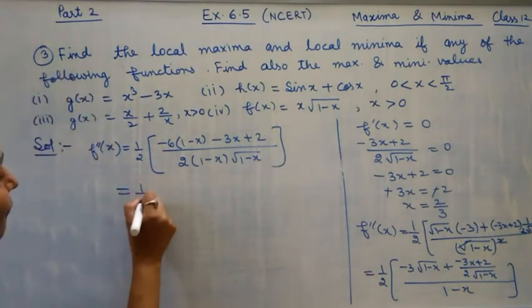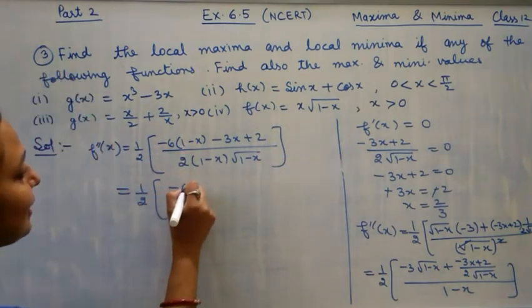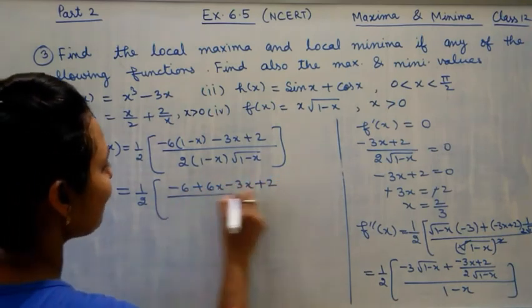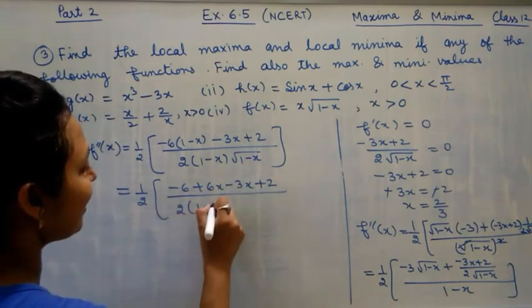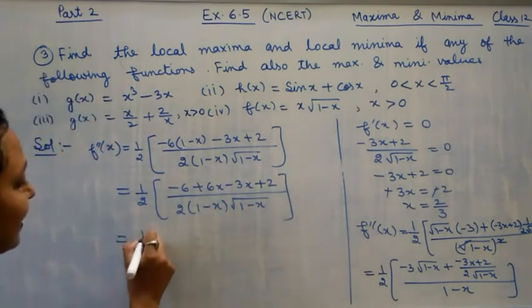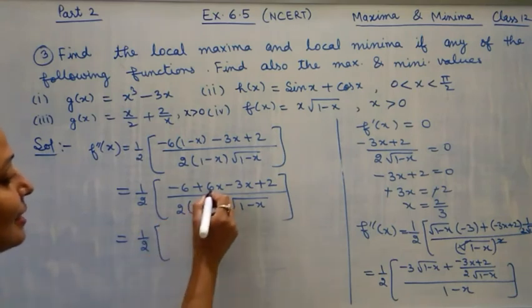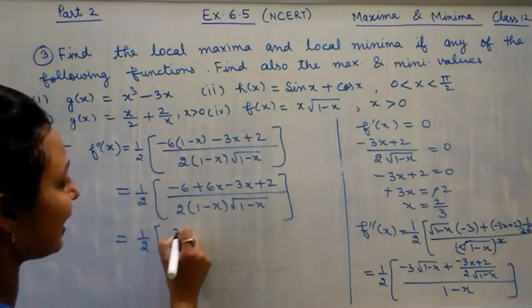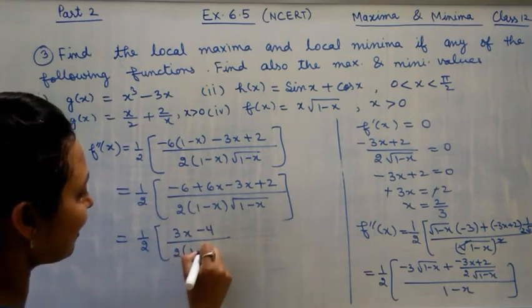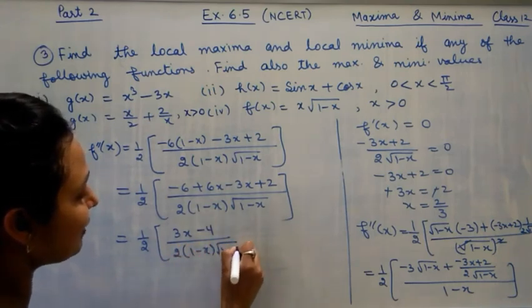This is half, this minus 6 plus 6x minus 3x plus 2 upon 2 1 minus x under root of 1 minus x, right? It will equal half, this is 6x and this is 3x minus 4 upon 2 1 minus x under root of 1 minus x.